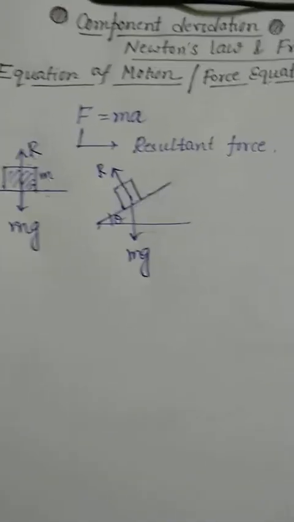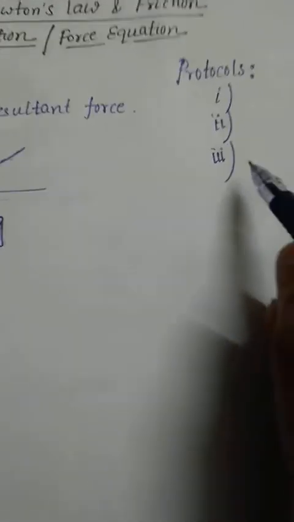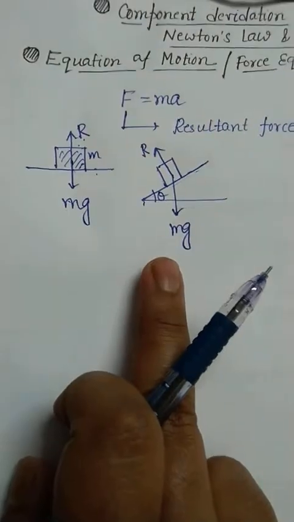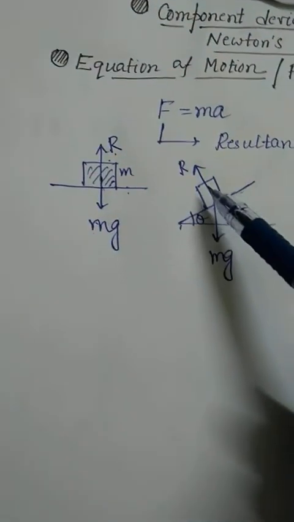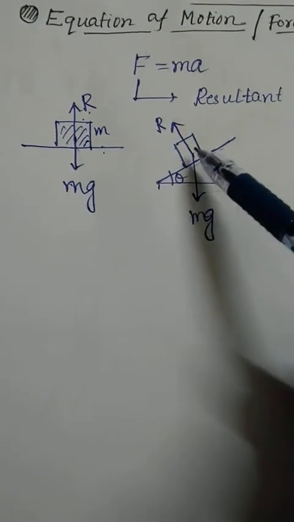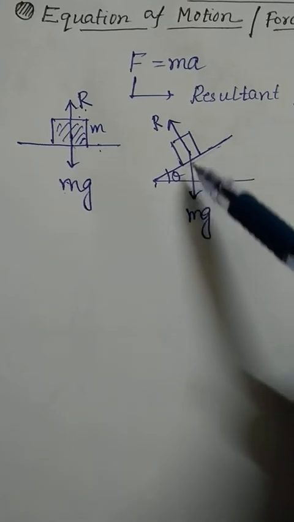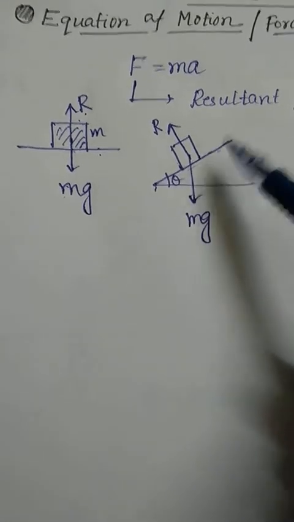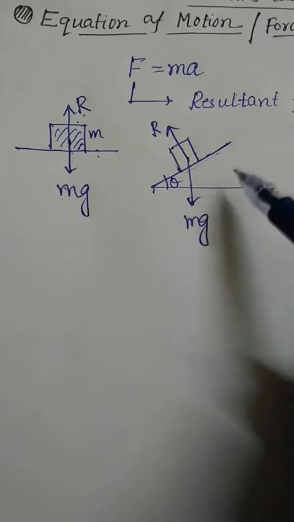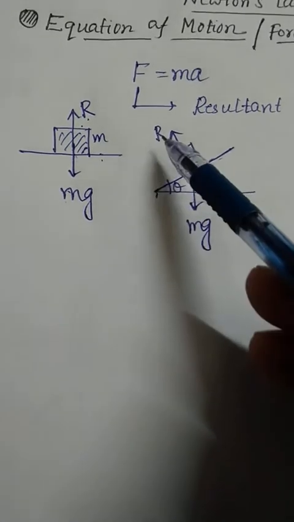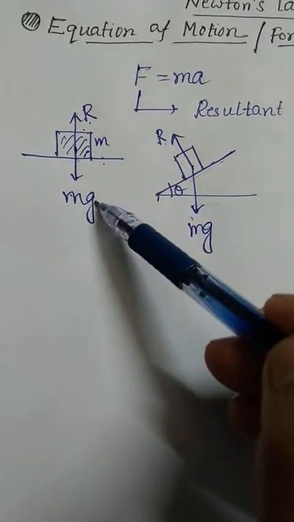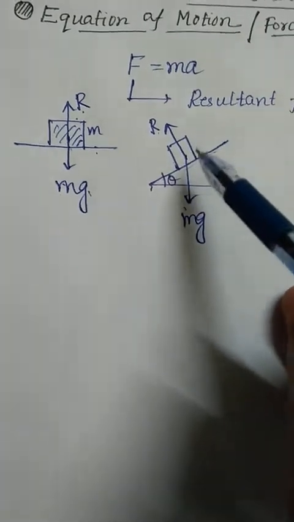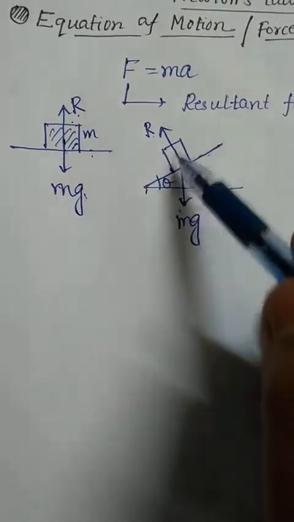Now protocol number 3: choose the plane first, then find the forces which are neither perpendicular nor parallel to the plane. What I am saying is, choose the forces. Here there are two forces, R and mg. There may be a lot of other forces also.